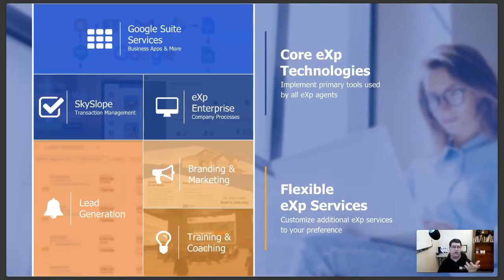The CRM is a great example because I have paid up to $2,000 a month. John, I think, has paid even more than that for some top tier CRM products. And those types of things are included for eXp agents. So when you make the comparison, make sure that you're comparing a full set of red apples to a full set of red apples.